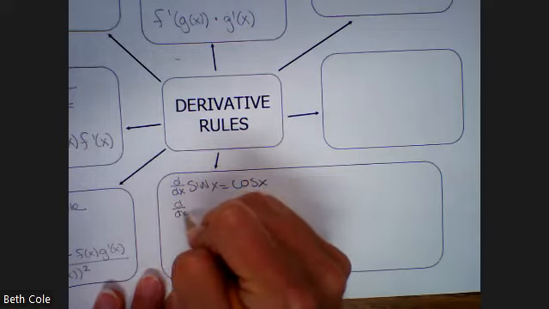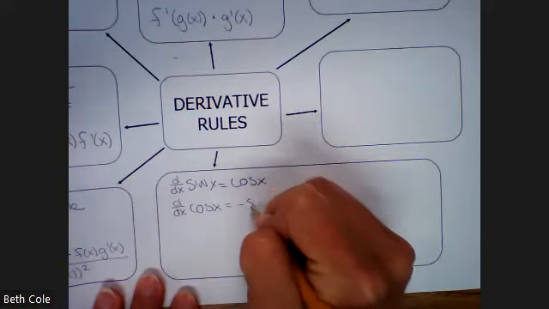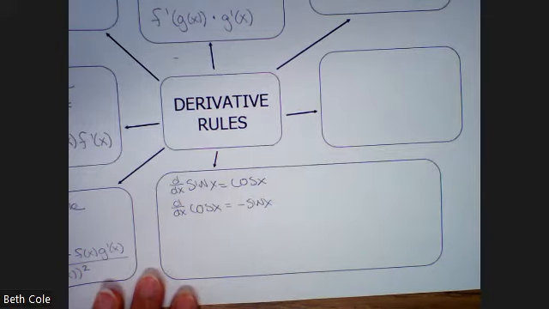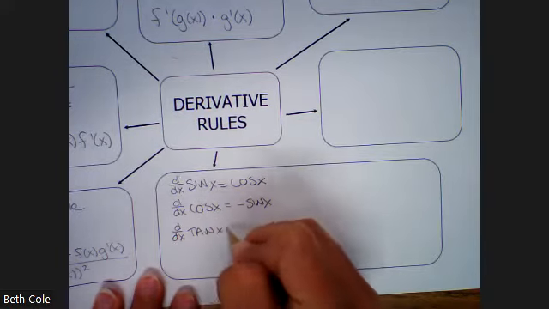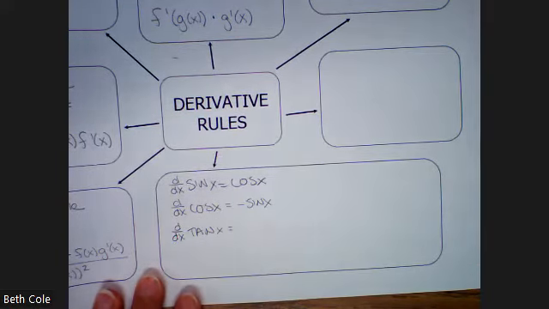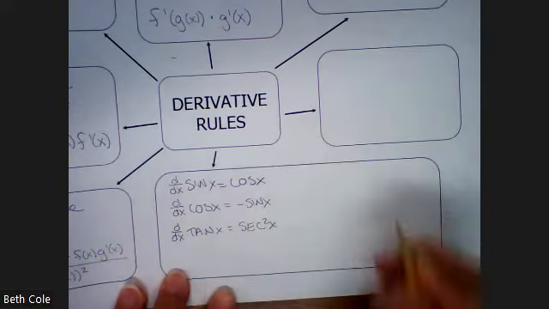Derivative of cosine, we just saw by graphing, is negative sine. And derivative of tangent, remember those U shapes, but they were all positive. So derivative of tangent is secant squared. Perfect.